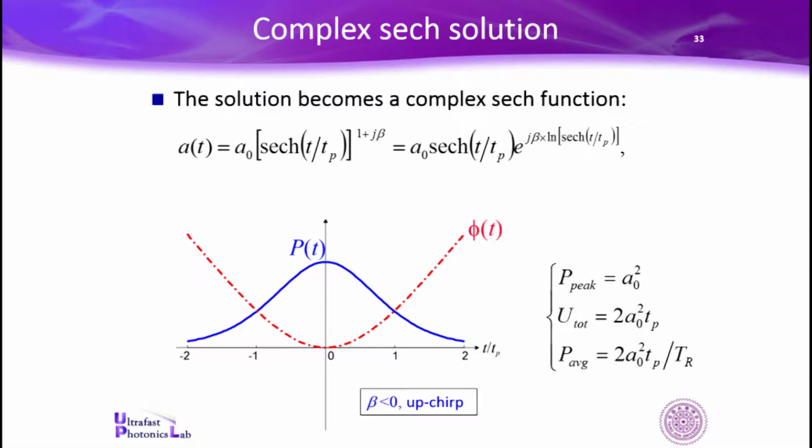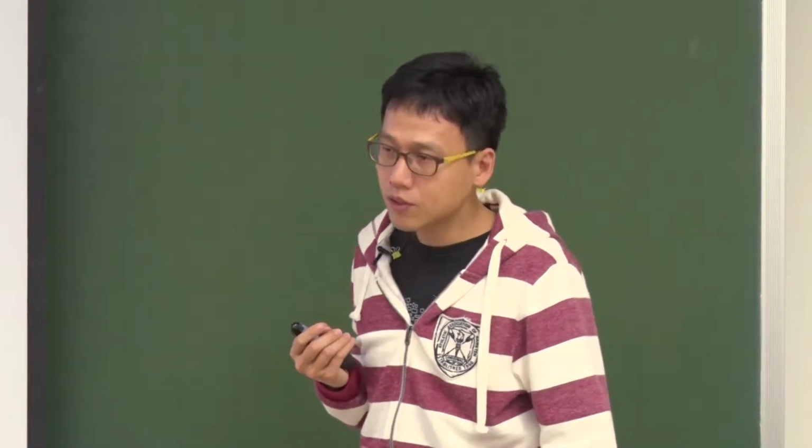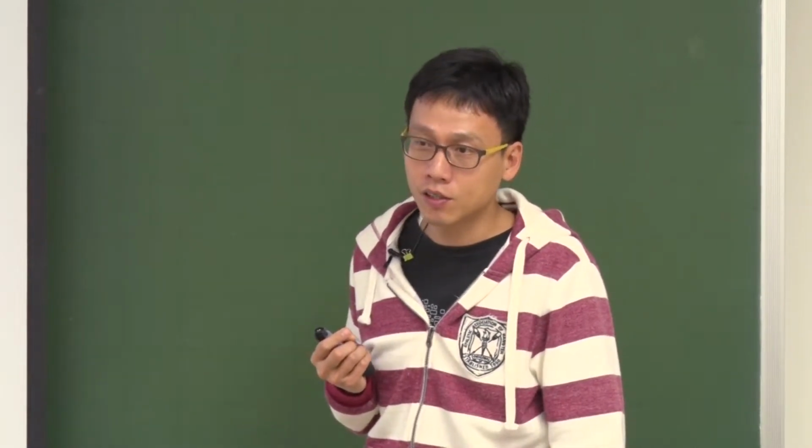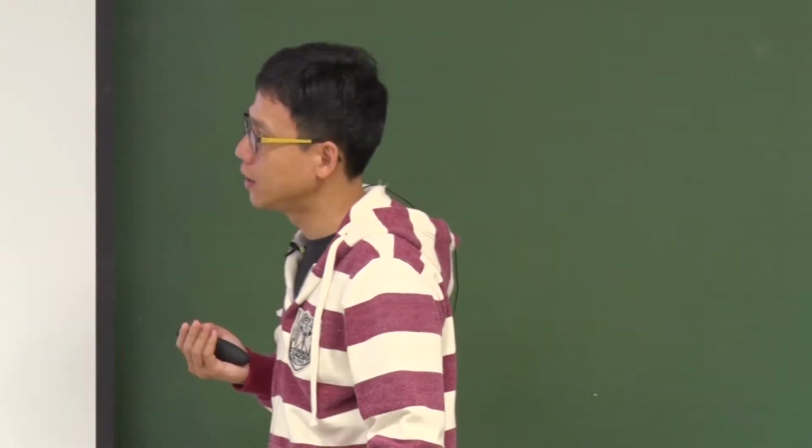Peak power, pulse energy, average power are nothing to do with the phase. So all these three formulas are the same as what we have seen in the previous section. The other thing is, what is the corresponding instantaneous frequency shift, which we have learned before.